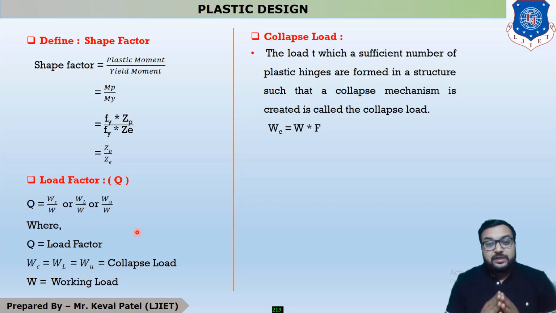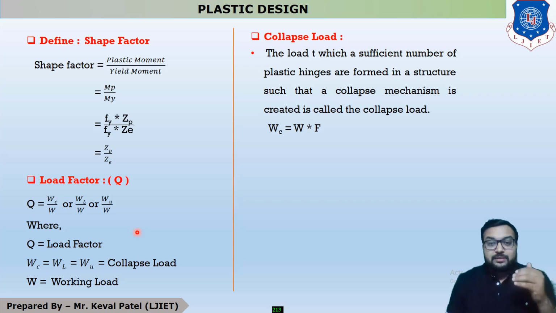Now the very most important definition is your collapse load. So generally all the students make this definition like this: the load at which the building has to be collapsed is called collapse load.